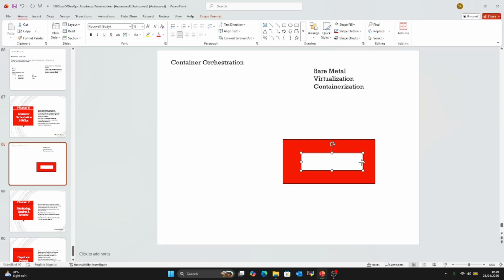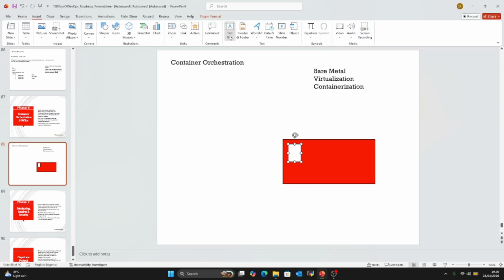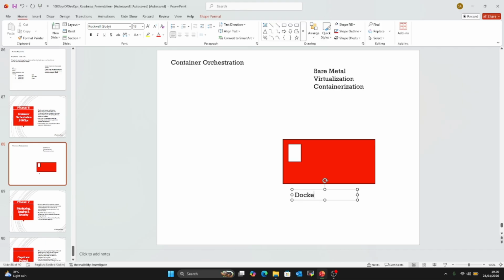Let me draw it. So Docker is installed on a virtual machine, and then with Docker, you can now do Docker pull to pull an image and Docker run to run an image. Okay, you have your application running.